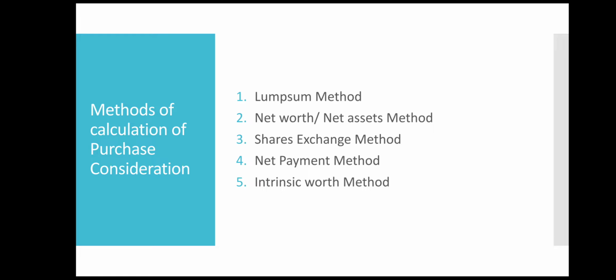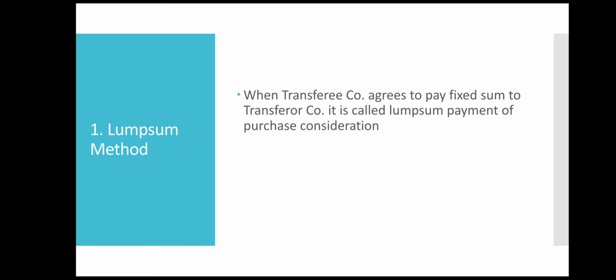So let us now start with the first method, that is lump sum method. When transferee company agrees to pay fixed sum to the transferor company, it is called as lump sum payment of purchase consideration. This method of calculating purchase consideration is very simple. Here the transferee company agrees to pay certain amount to the transferor company for purchasing the business.